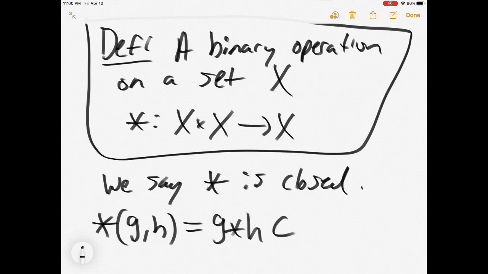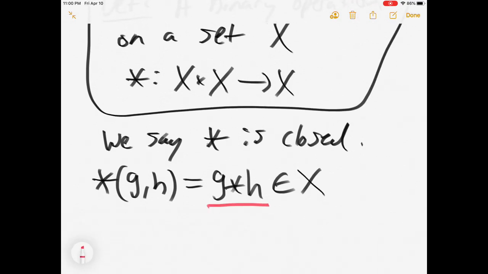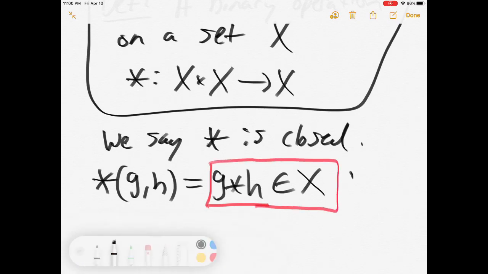And g star h, remember, is an element of X. So we usually write the function like this. This is the notation. The operation takes two elements of X and gives us one element of X.